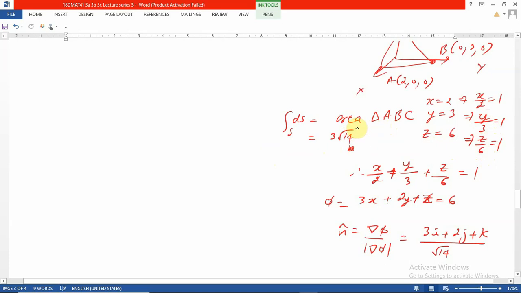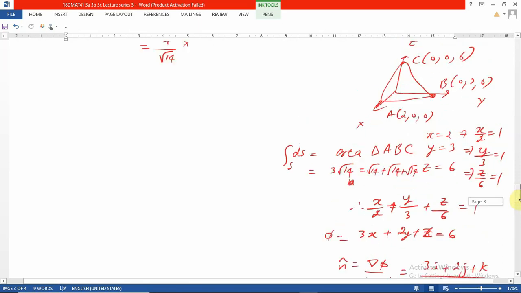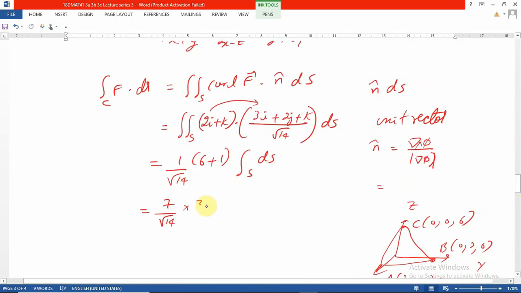We can easily find that area, or this is just root 14 a plus root 14 b plus root 14 c. Therefore this is 3 times root 14. Now you can just substitute in this. It is going to give you 3 root 14, root 14 will get cancelled. 7 into 3 is 21, students. So this is how we can easily calculate the value.